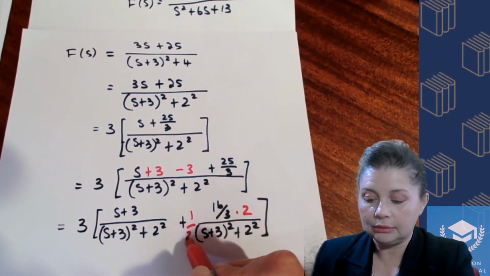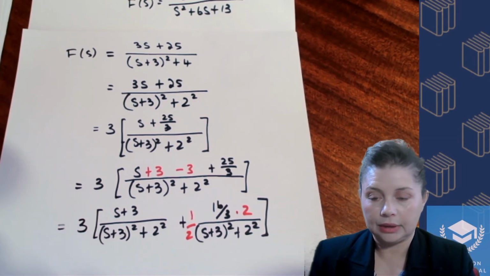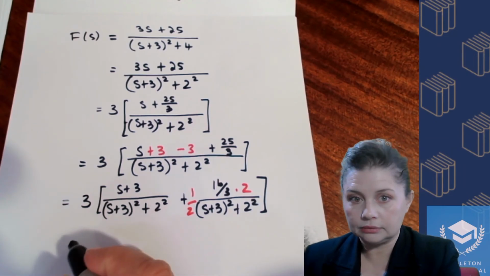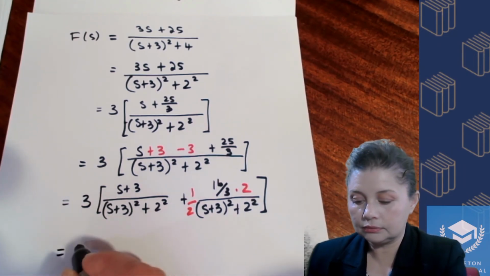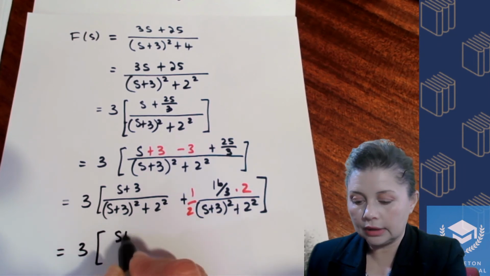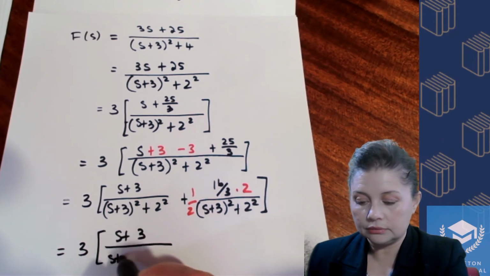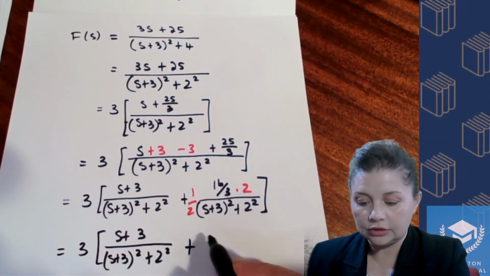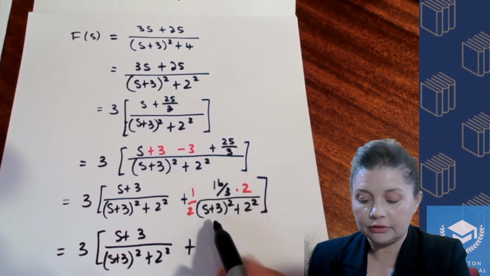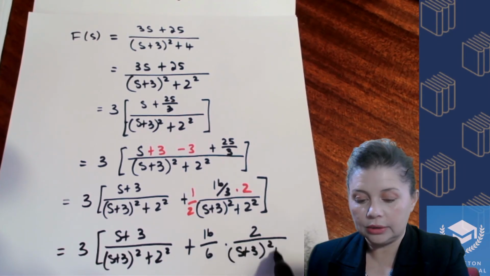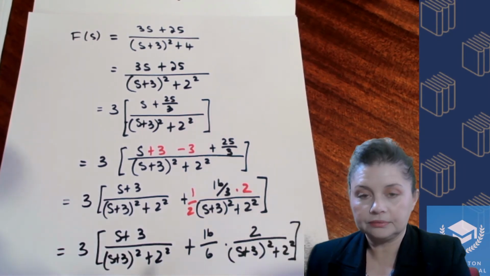So I have to say times a half, right? So then, let me just write this out. (s plus 3) over (s plus 3) squared plus 2 squared, and that's going to be a half times 16 over 3, which is 16 over 6, 2 over (s plus 3) squared plus 2 squared, right?